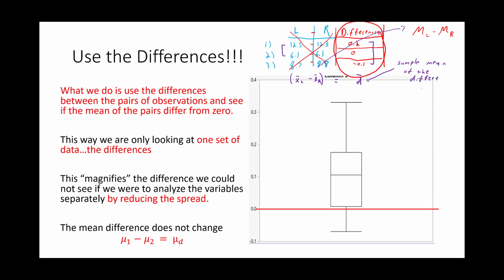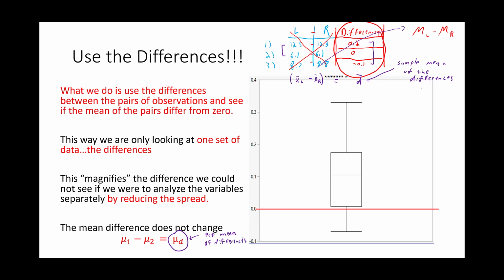Those two values are exactly the same. So the center of your data set does not change. What can change is the spread. We have a new piece of notation too, called mu-d, which is down here. Mu-d represents the population mean of the differences. So I'll just write pop mean of differences.